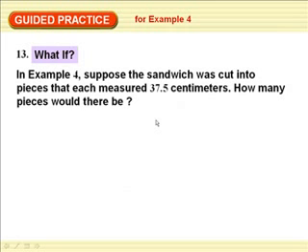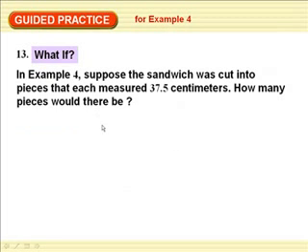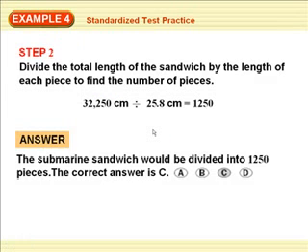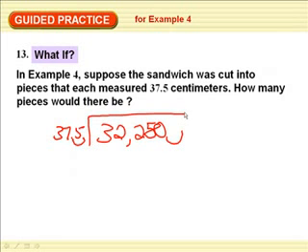Suppose the sandwich cut into pieces that measured 37.5 centimeters. How many pieces would there be? Well, if we back up, we knew there was 32,250 centimeters total, and there's 37.5. So we go over, and up when we're dealing with decimals. 375 doesn't go into 322. 375 times 4.